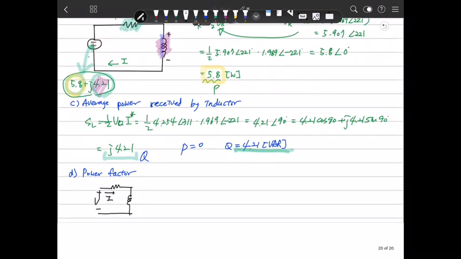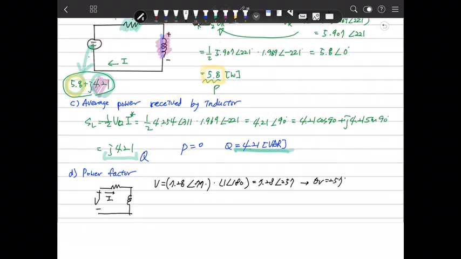So we need to change it: the magnitude is the same, 7.28, but the angle is reversed. The original value is 77, and reversed means adding 180, so there will be 7.28 at 257 degrees.